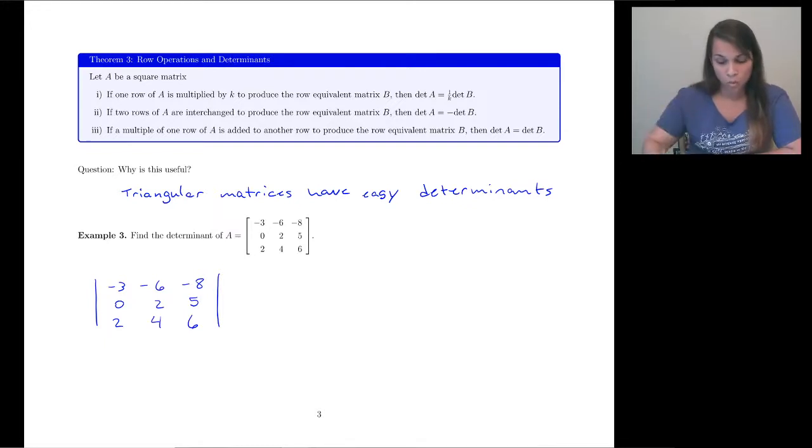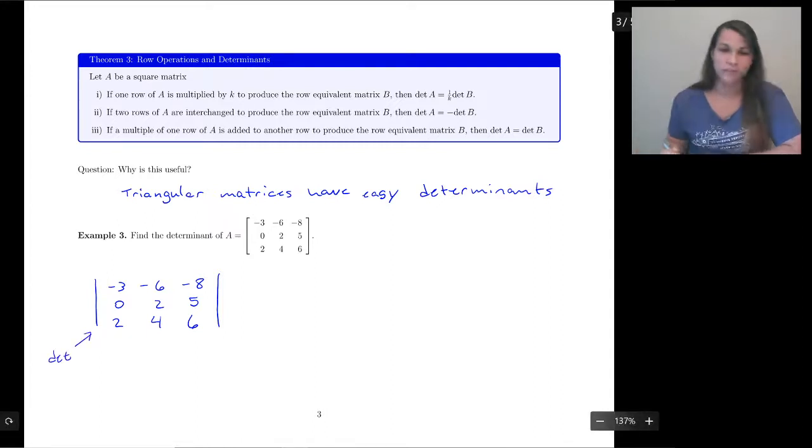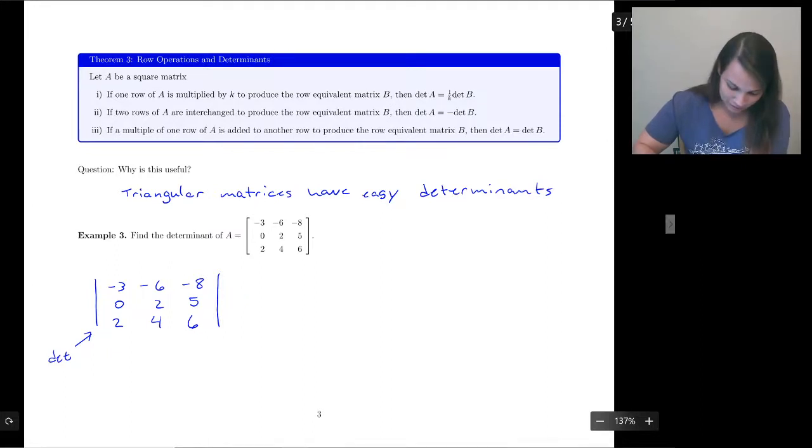I have square brackets on the matrix, but right here, I've just written bars. This is lazy for determinant, if you don't want to write out the word determinant, which I don't. So if we do 1/2 row 3, that's going to go to 2 times the determinant of the resulting matrix, which is this.